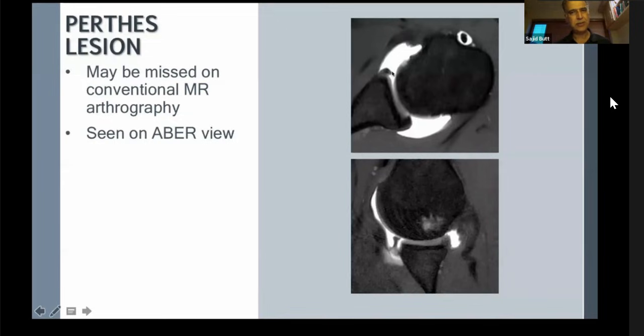It seems to be intact, but once you've got them into the patient's hand behind their back posture in the ABER projection, everything gets distended and a bit displaced, and now everybody can see the leakage of contrast medium between the labrum, which is torn, versus the glenoid. So that's abnormal, and that's a classic Perthes lesion.